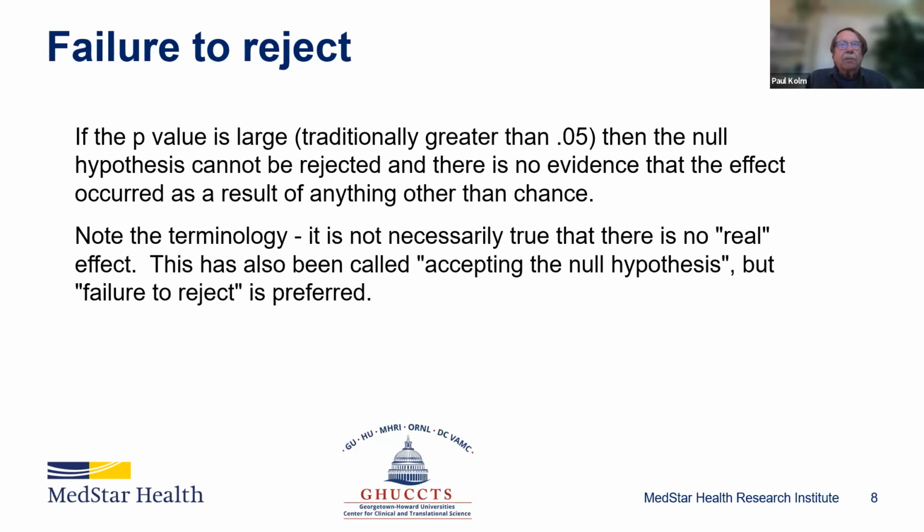And it's not necessarily true that there is no real effect, because we don't know that for sure. Sometimes this is referred to as accepting the null hypothesis, but failure to reject is technically the correct way of not rejecting the null hypothesis.